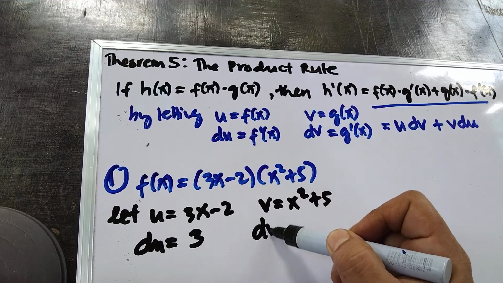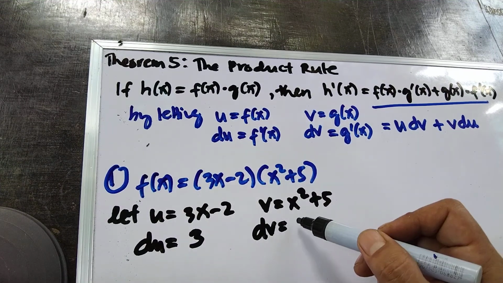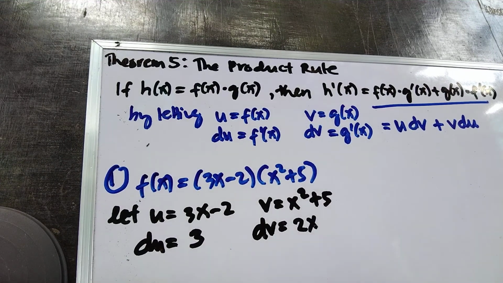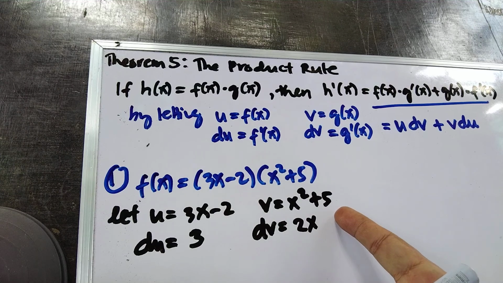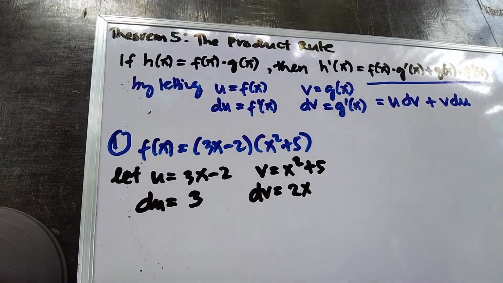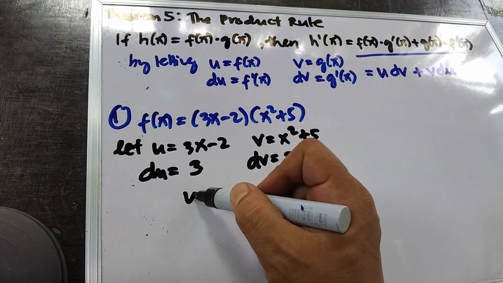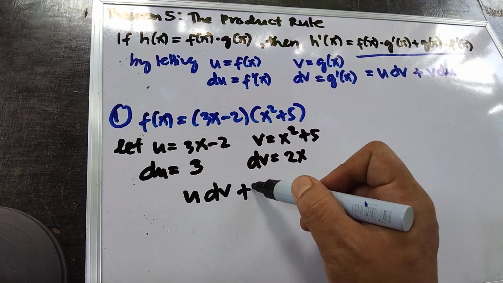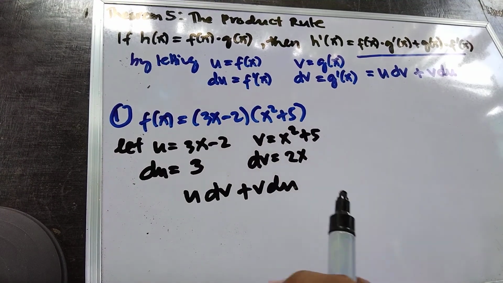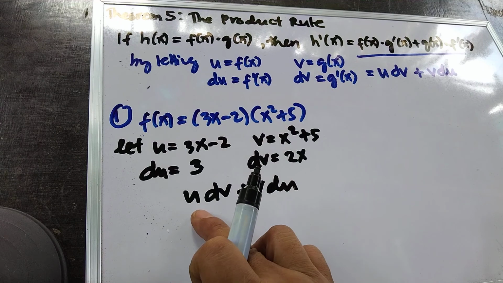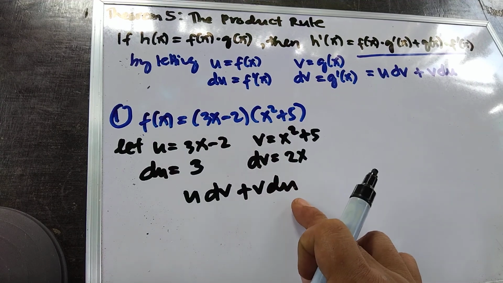What's the derivative of x squared plus 5? That is 2x, because the derivative of 5 is 0. So now we can apply u dv plus v du, by simply substituting the values of u, dv, v, and du.